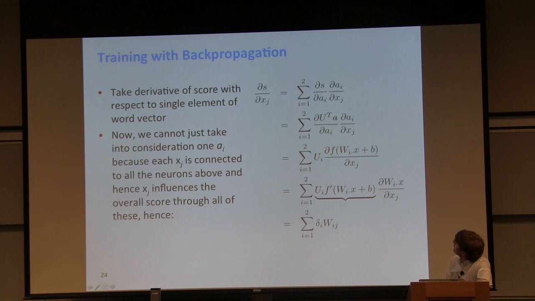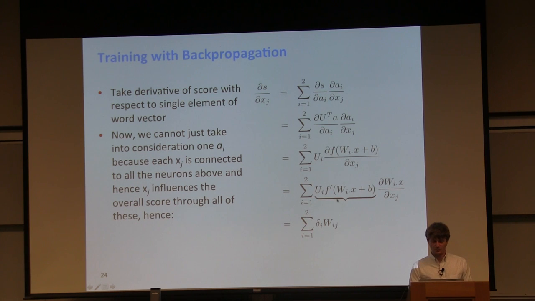We'll define here our final score with respect to ai and ai with respect to xj. Now we'll again just define what this is. This is again a simple inner product, so we can write that out very quickly as ui. And then we apply the definition of ai, which was just f of Wi dot x plus b.